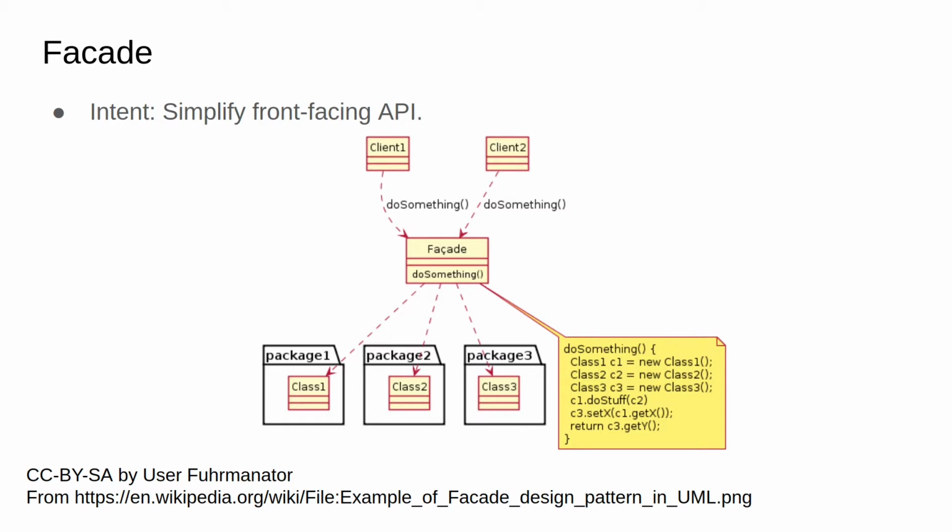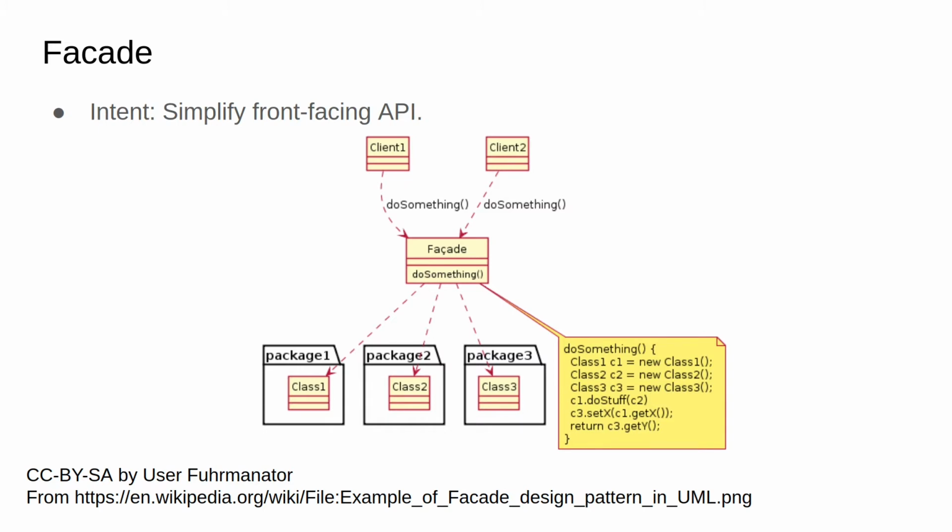You want to call just one function, but it needs a lot of setup and overhead. Like in this example, you want to do something, but you need to create this class and call this and that. So you can encapsulate all this and expose the functionality in such a way that it's easy for the client to use. This is the facade design pattern.